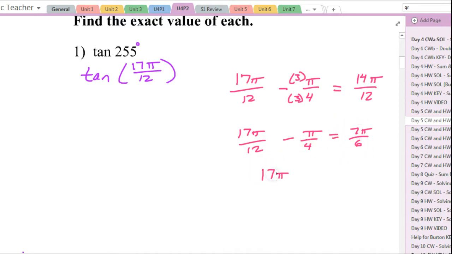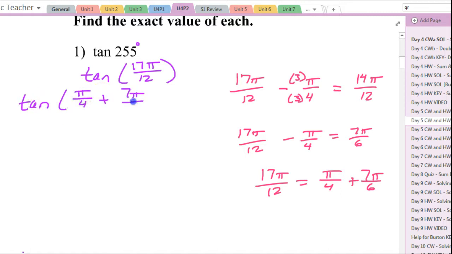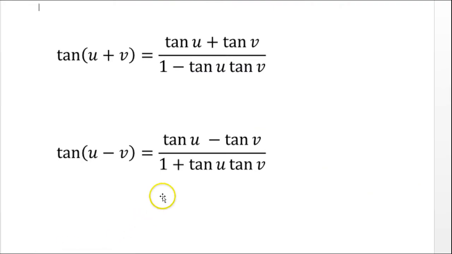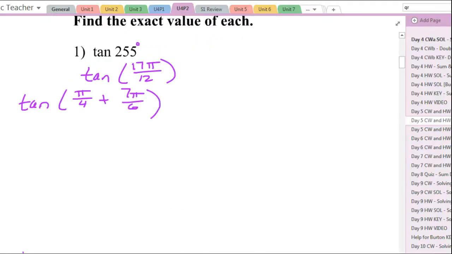That means 17 pi over 12 is equal to pi over 4 plus 7 pi over 6. So I'm going to make that substitution now. So now I will think of the problem as the tangent of pi over 4 plus 7 pi over 6. Now looking at our sum and difference identities, this is the formula for the tangent of a sum. So hang on to that in your brain.